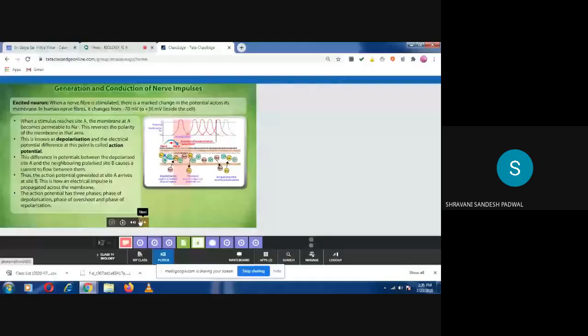The nerve fiber receives the impulse. It is stimulated, and there is a marked change in the potential across its membrane, and it changes from minus 70 mV to plus 30 mV.